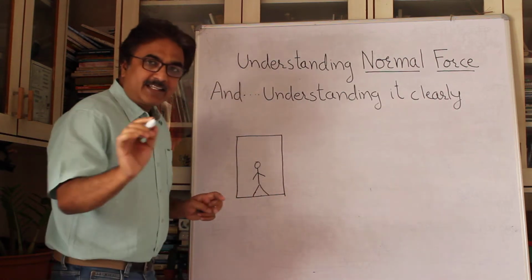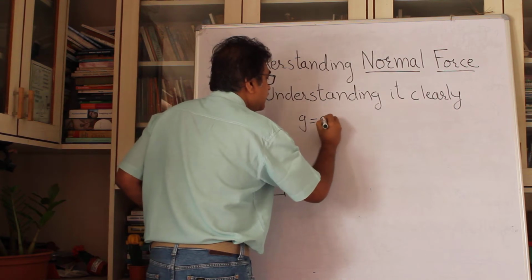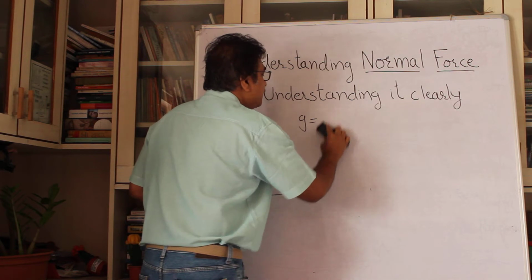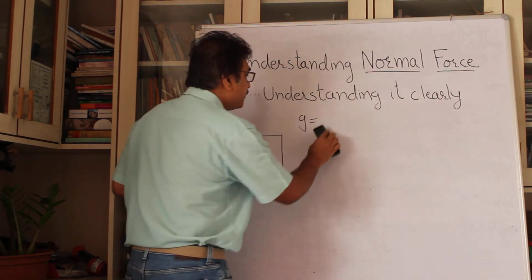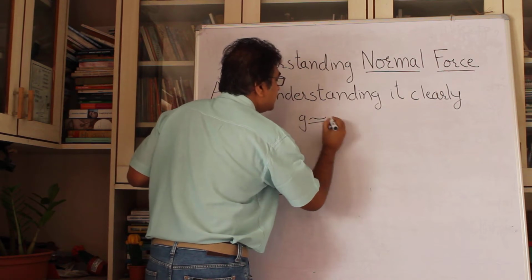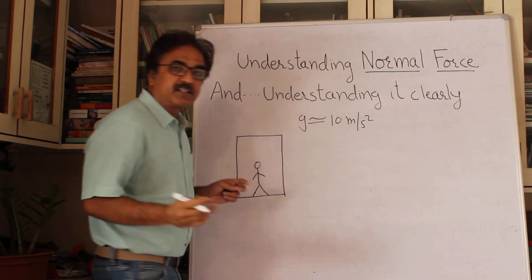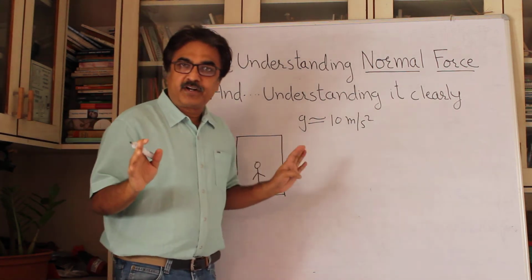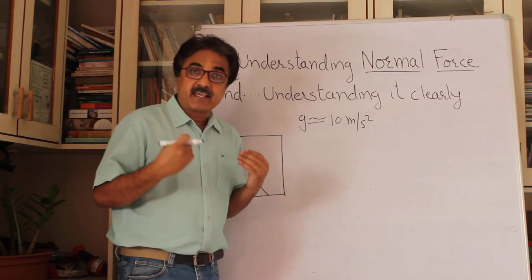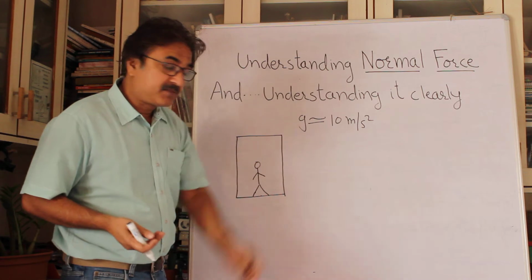In this case we will imagine that acceleration due to gravity is g, that is 9.8, but for the sake of simplicity of calculation, because otherwise I have to use a calculator, I'll say g is 10 meters per second squared. We will always consider it as 9.8, but here, just to make the calculation simple, I'm saying it is 10 meters per second squared.